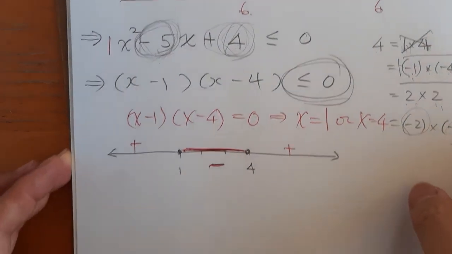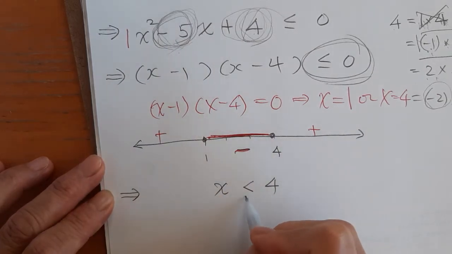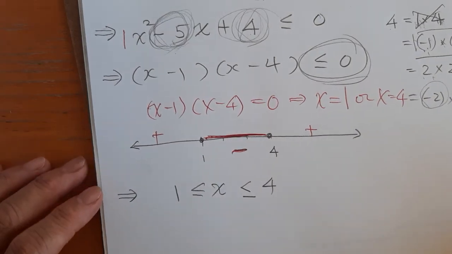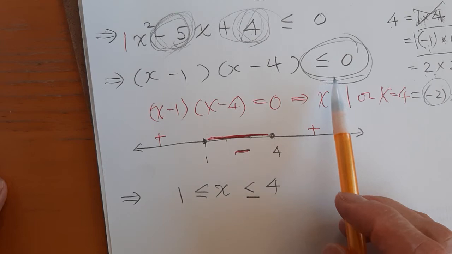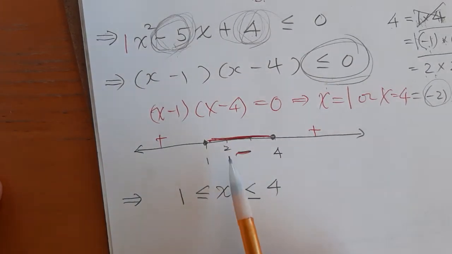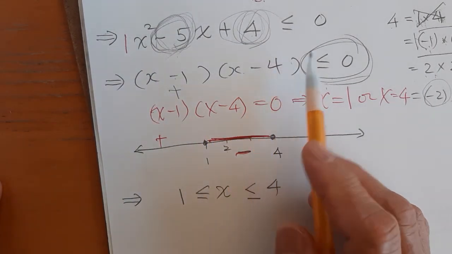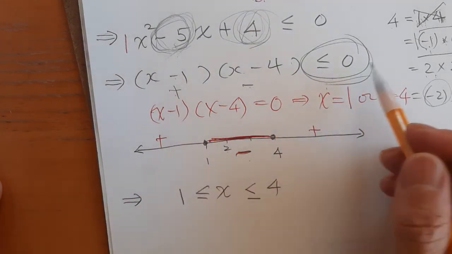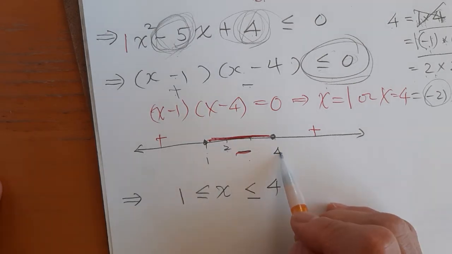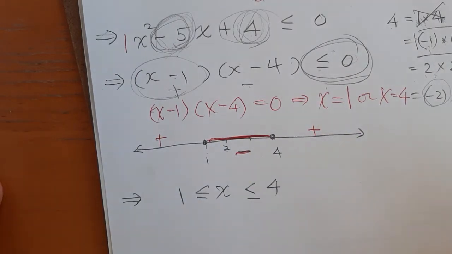Then you write down the answer: x is greater than or equal to 1 and less than or equal to 4. Because if you plug a number in, for example 2: 2 minus 1 is 1, positive. 2 minus 4 is negative. Positive times negative is negative, so it's less than 0. Any number between 1 and 4 you plug in will make this work.